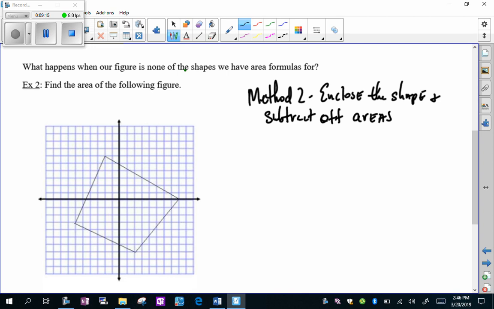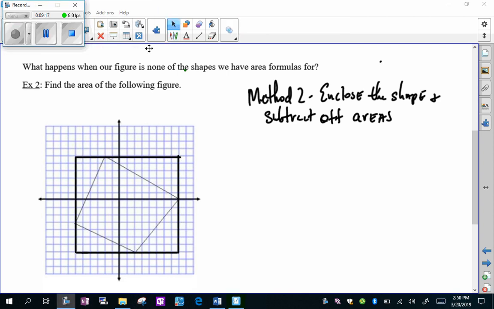So let's enclose the shape. Once I enclose the shape, which I did, touching every vertex with my enclosed figure, I get a quadrilateral. And I know that the area of a quadrilateral equals the length times the width.